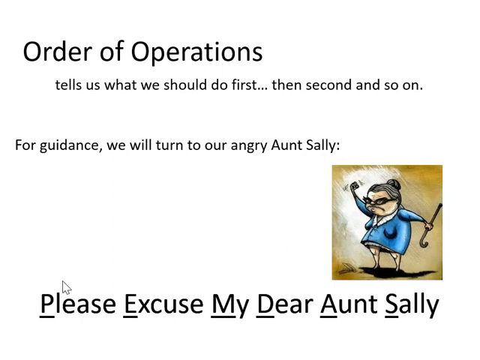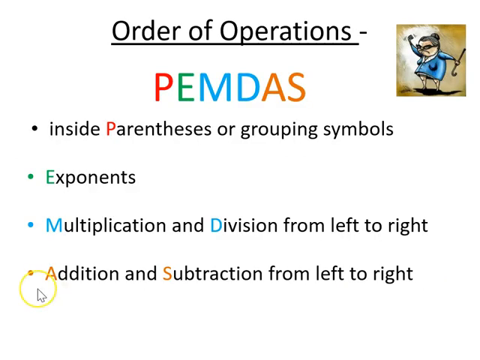We need to understand that we're not just going to be talking about parentheses. We're also going to have brackets and braces. A fraction bar can count as a grouping symbol. A square root symbol can count as a grouping symbol. So you need to change PEMDAS to GEMDAS.